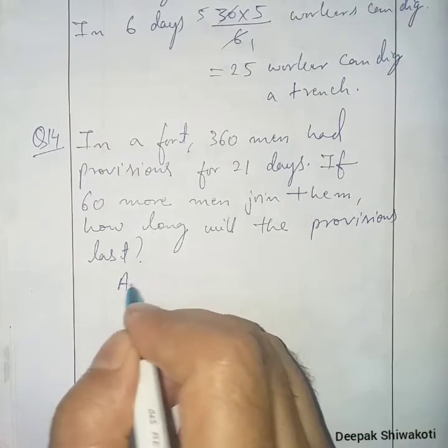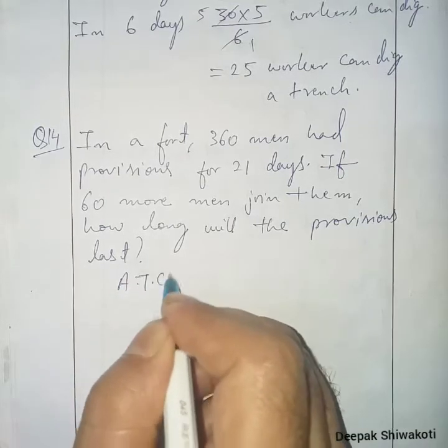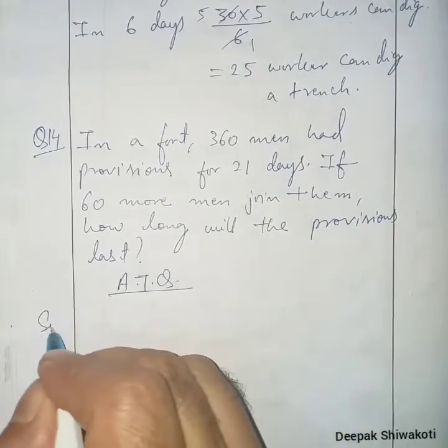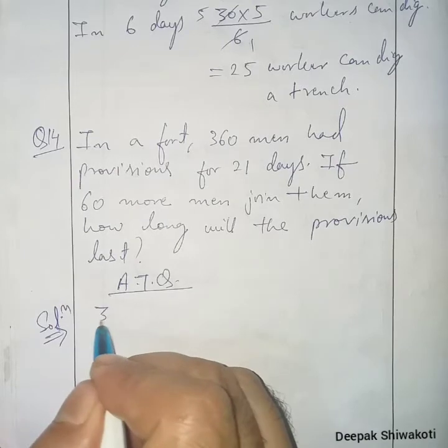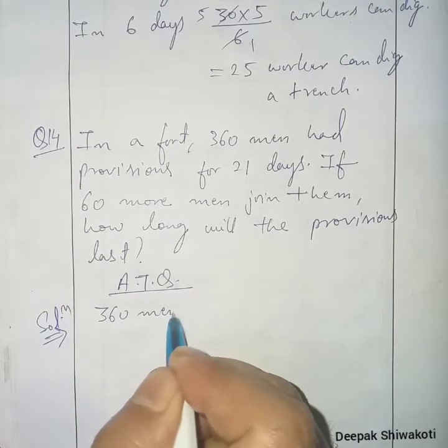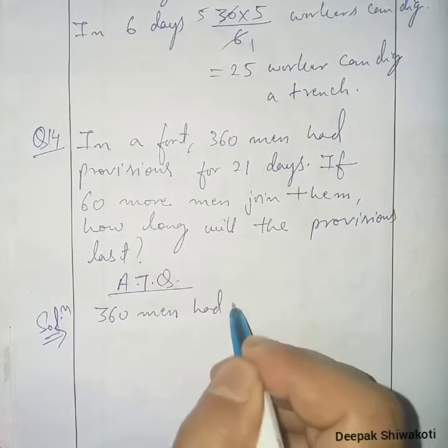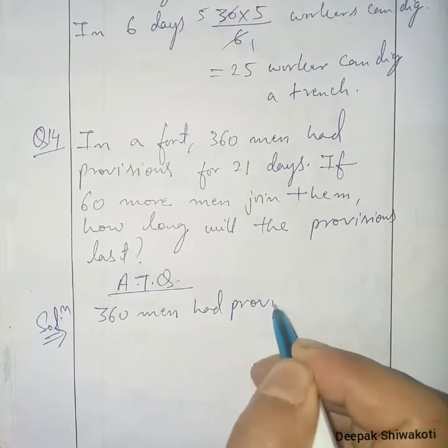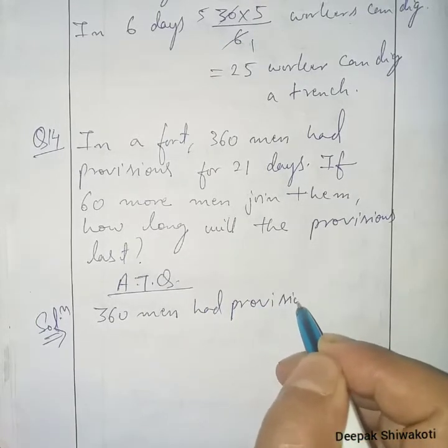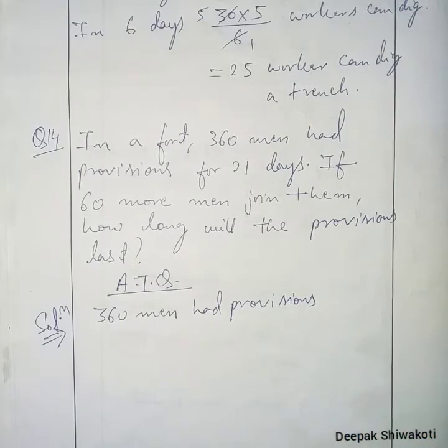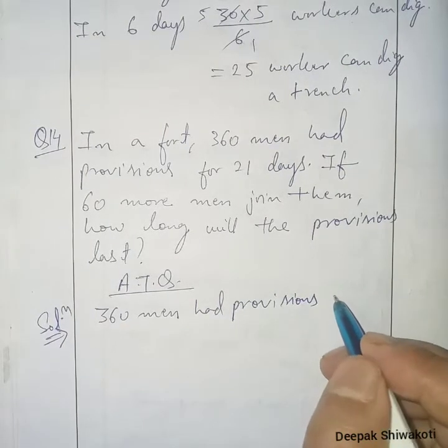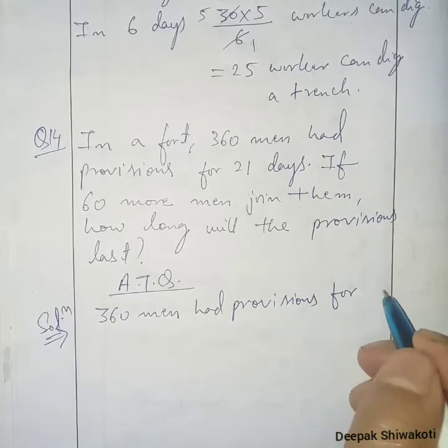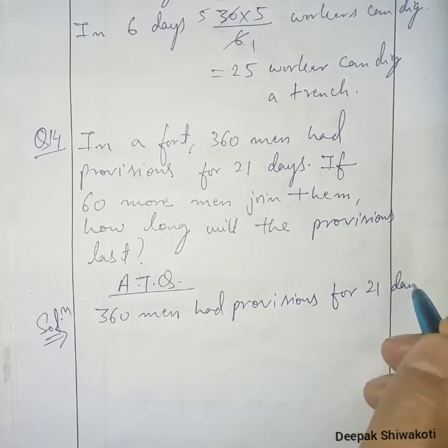So according to the question, the solution will be: 360 men had provisions for 21 days.